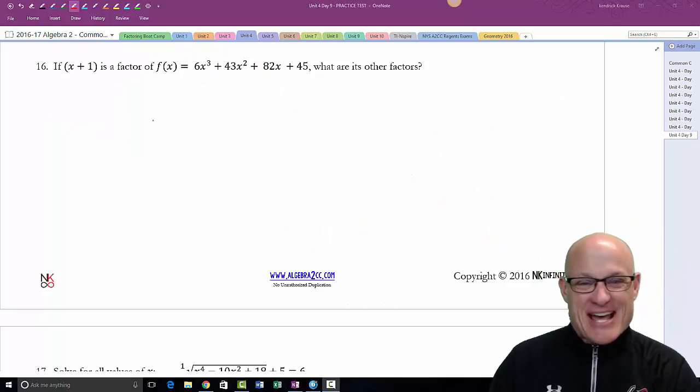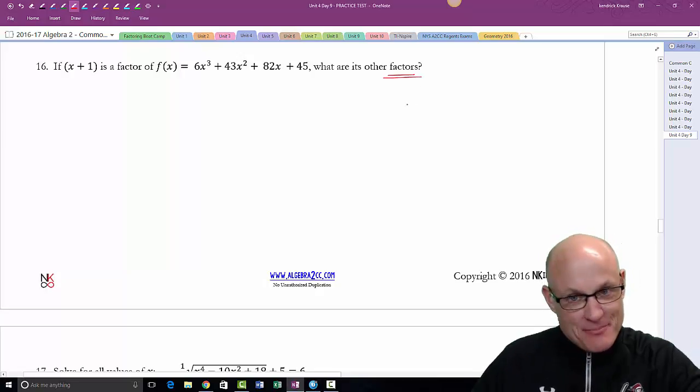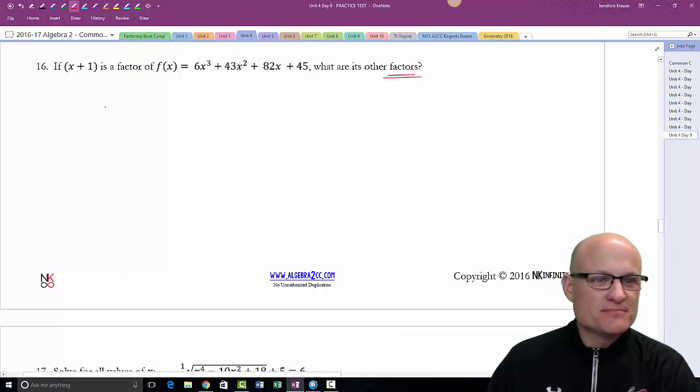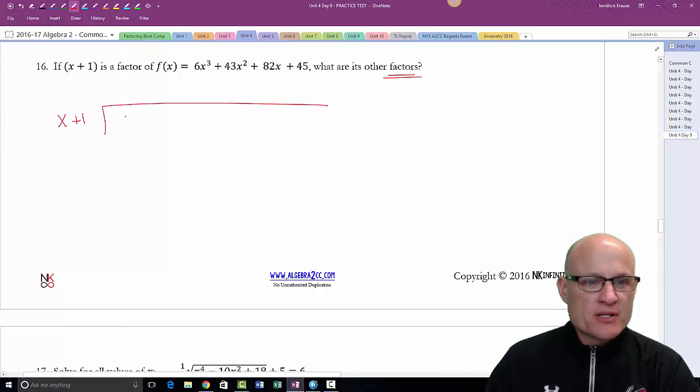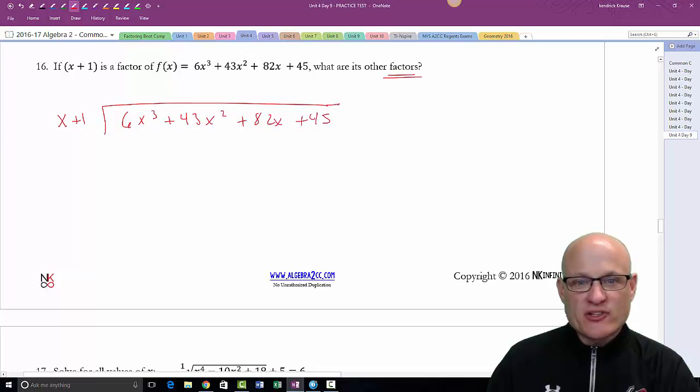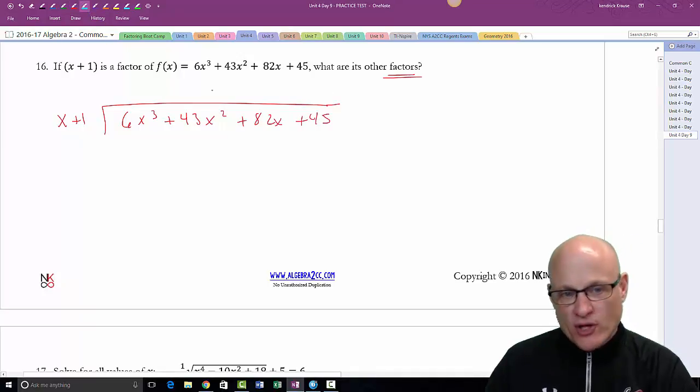This one is not asking for roots, it's asking for factors. So when I'm done, I'm done. Well, sort of. So I'm going to divide x plus 1 into 6x cubed plus 43x squared plus 82x plus 45. Now, at first, it seems like, oh my God, they're ginormous numbers. No way I'm going to get it.